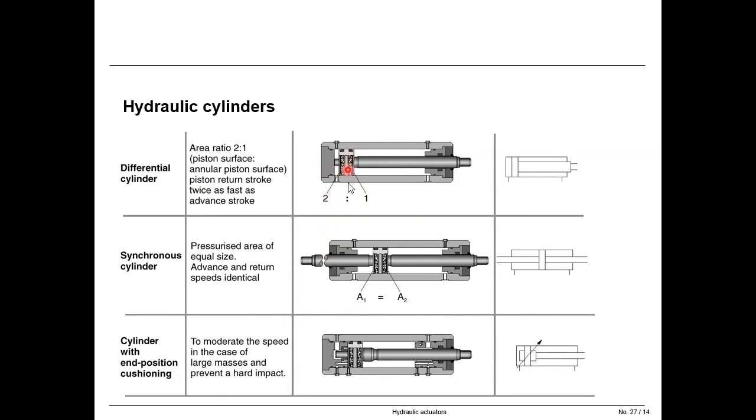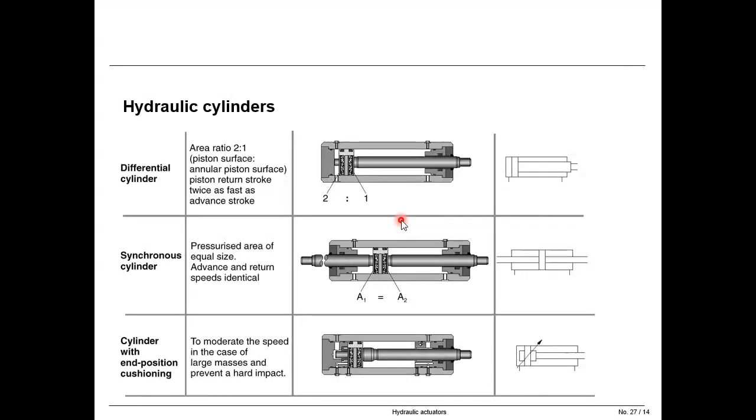So this is the proportion of the area, 2 to 1, and this we call a differential cylinder. The area relation between the piston rod side and the back side is 2 to 1, and it affects the forces.